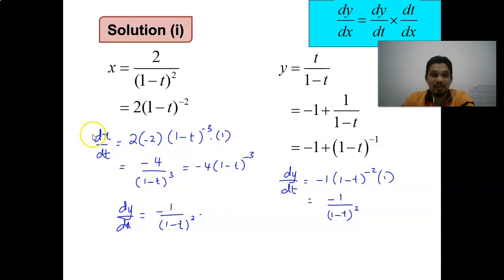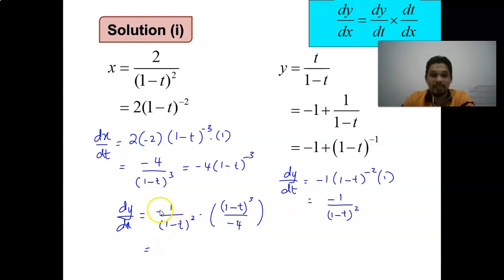Okay, dy/dx equals dy/dt times dt/dx. What we have right now is dx/dt, so dt/dx equals 1 over dx/dt, which now becomes 1 over this one here. It becomes (1 minus t) cubed divided by negative 4.